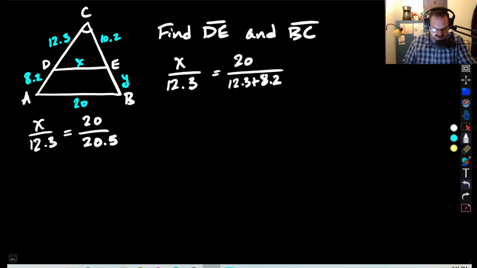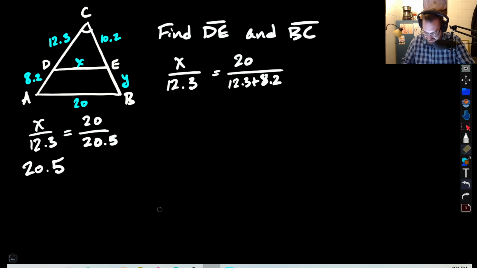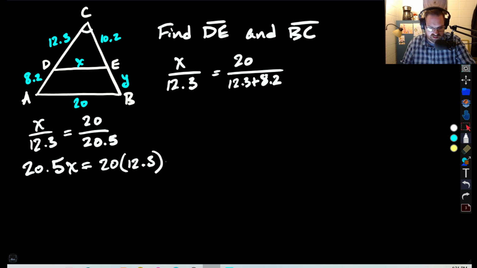And now what I can do here is cross multiply. So I've got 20.5 times x is equal to 20 times 12.3. And this right here on the right is going to be the same thing as this multiplied out, 246.